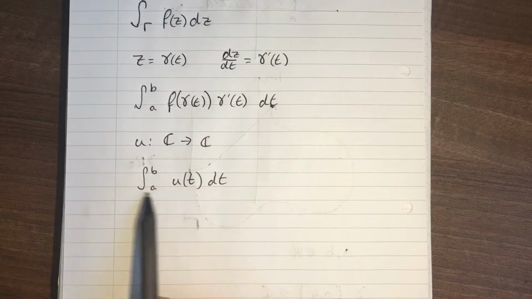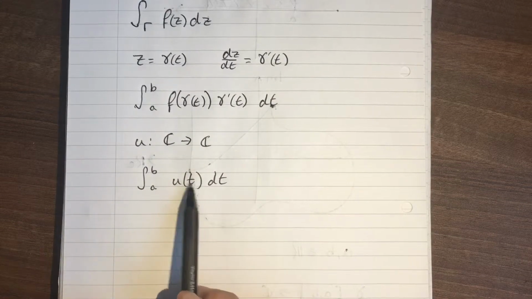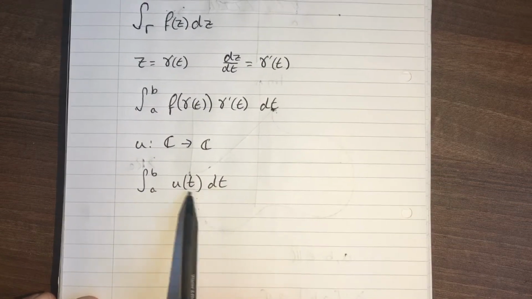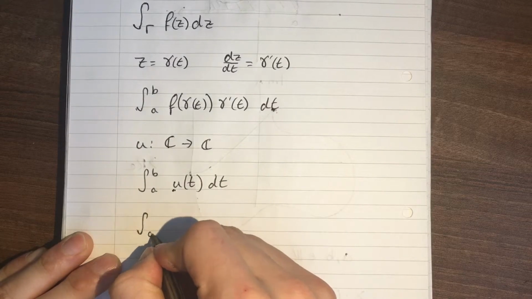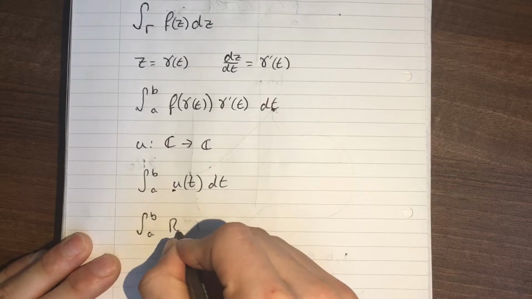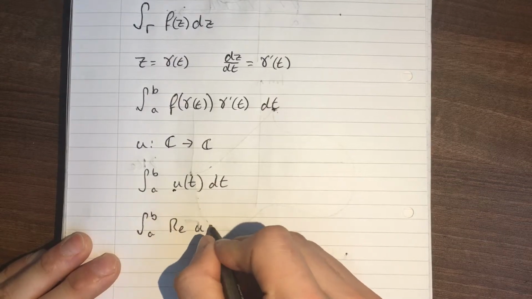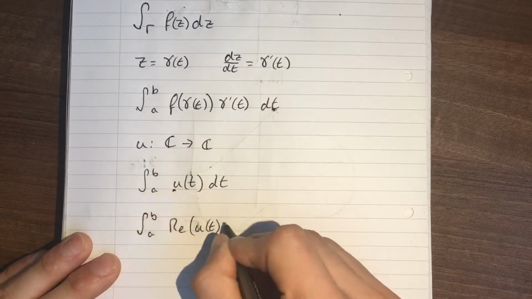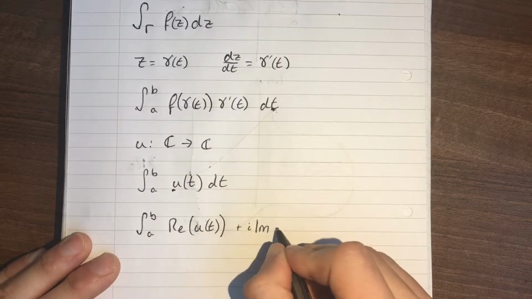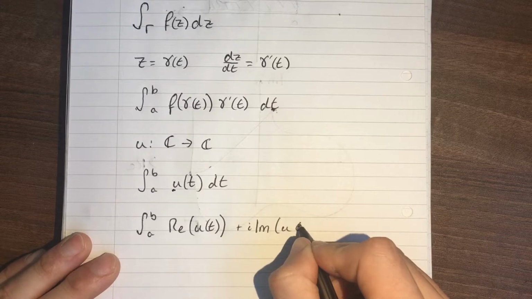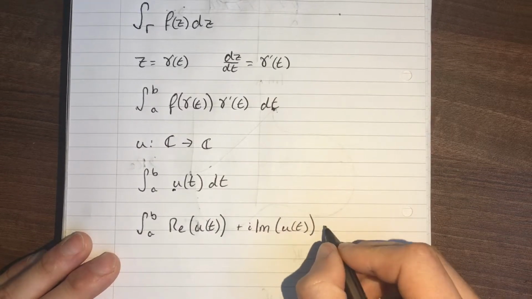So we've got a real integral, a real valued variable, but this gives us complex values. We know that we can split this in each case into the real part of u of t plus i times the imaginary part of u of t, which is what you can do with any complex number.